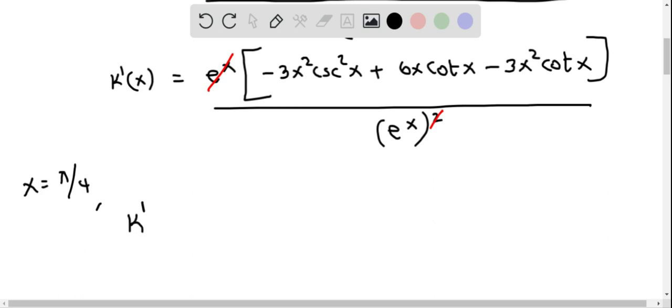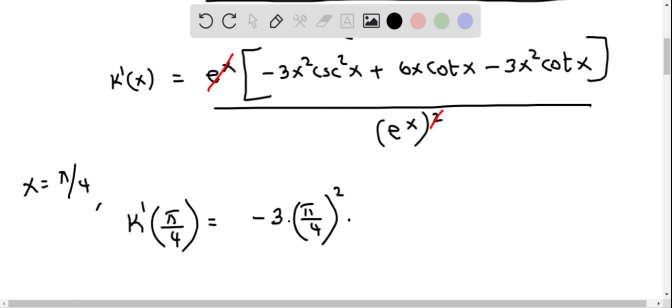So therefore this becomes k prime of pi by 4, and so this equals we have negative 3 times x squared, which is pi by 4 quantity squared, times cosecant squared pi by 4 plus 6x. In fact, we can factor the cotangent of x. So let me factor the cotangent of x.